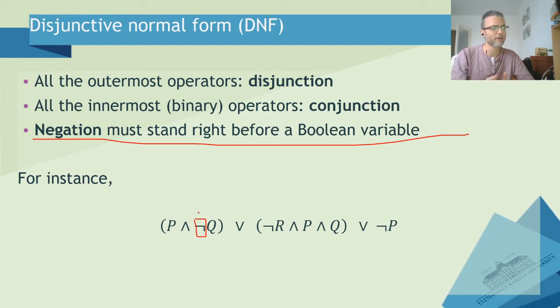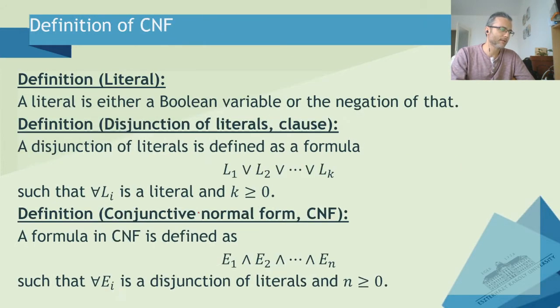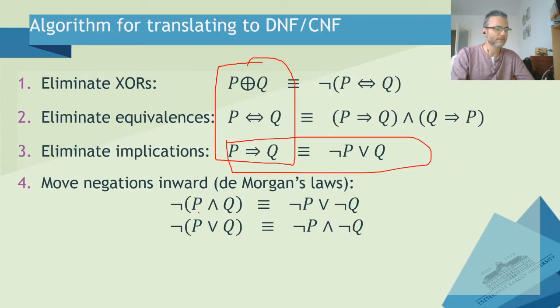So this means if you have a negation, you have to apply the De Morgan laws to move them inward towards your variables. Okay, but this is an algorithm we are going to practice in the exercise class.